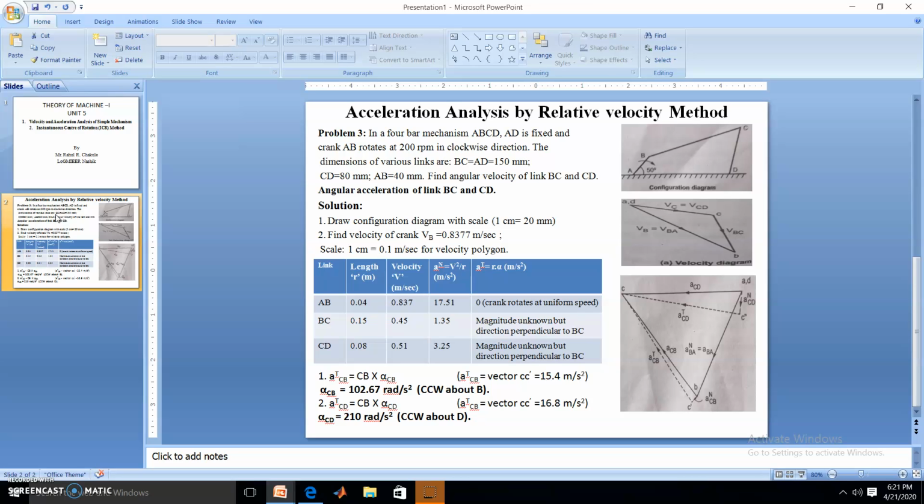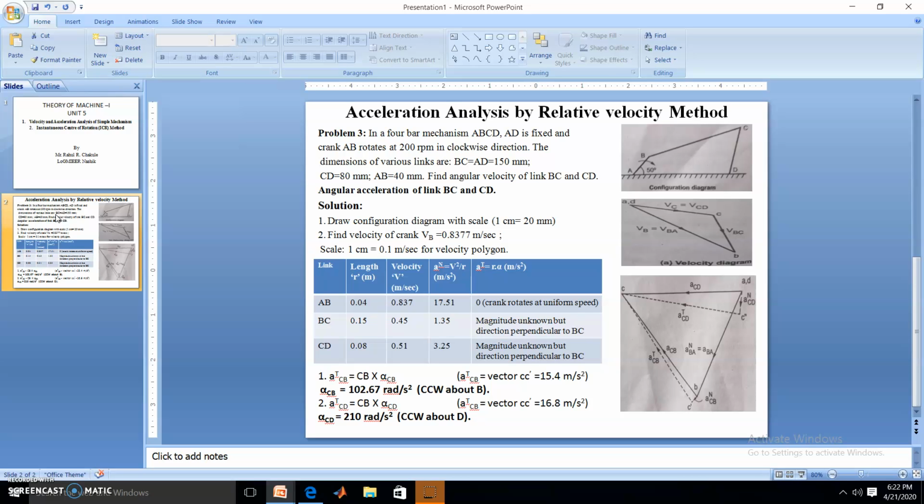The problem is, in a 4 bar mechanism ABCD, the link AD is fixed. The crank AB is rotating at 200 rpm in clockwise direction. The dimensions of various links are given, that is BC is equal to AD, 150 mm.